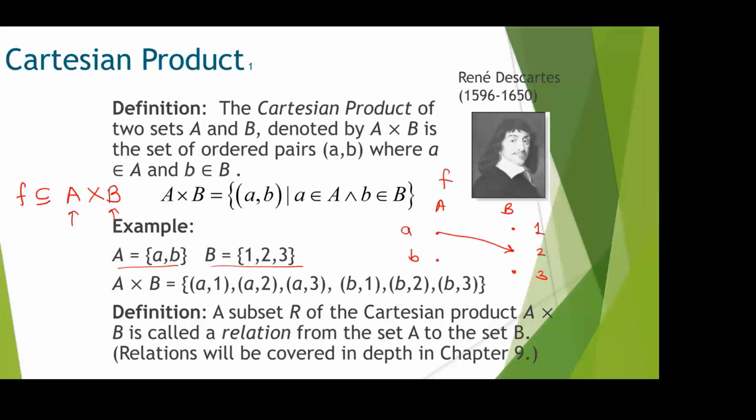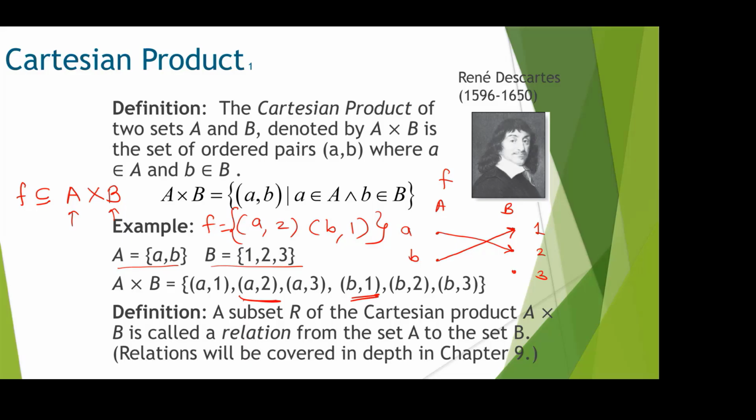If I apply it on b, let's say I get 1. So my function f will be here: if I apply it on a, I get 2; if I apply it on b, I get 1. Here you will see those are two elements from our Cartesian product. So any function we represent will come from some elements of the Cartesian product, so we can look at it as always being a subset of A Cartesian product B.